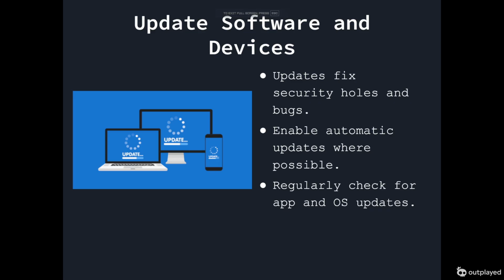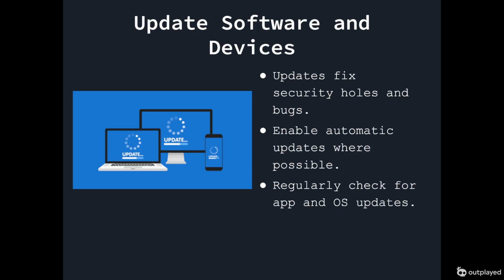Some of the last steps along with that baseline safety are updates for security software and devices. I want to say twice every month, most devices will have some sort of security update to try and fix some of the holes, bugs, and security issues that they might have.